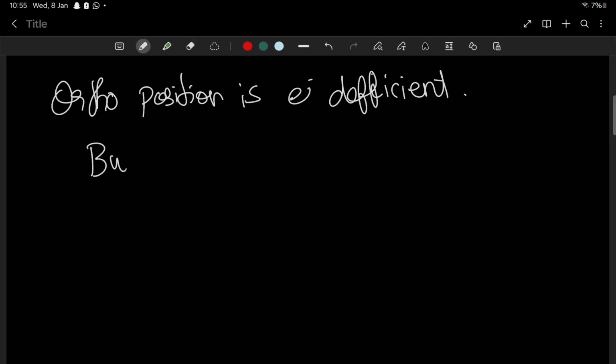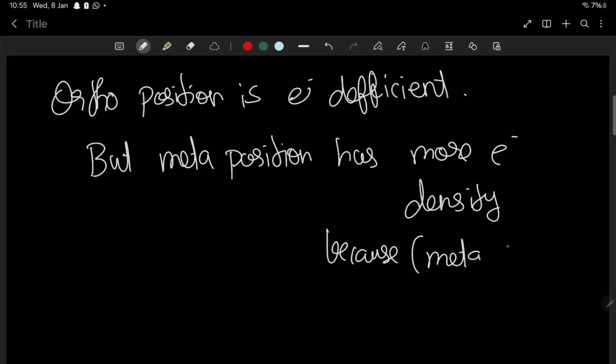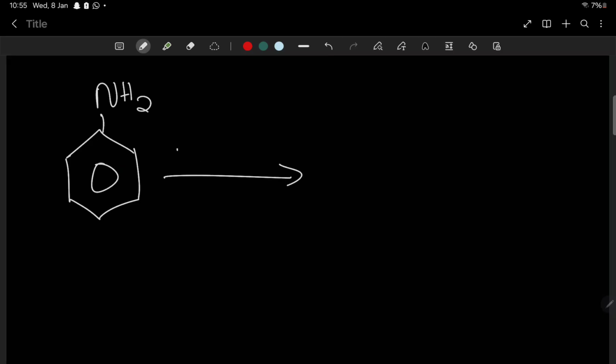But the meta position has more electron density, because the group is meta directing. The anilinium ion is meta directing. Okay. This is only applicable to nitration, not applicable to bromination. Only for nitration is this anilinium ion case happening.